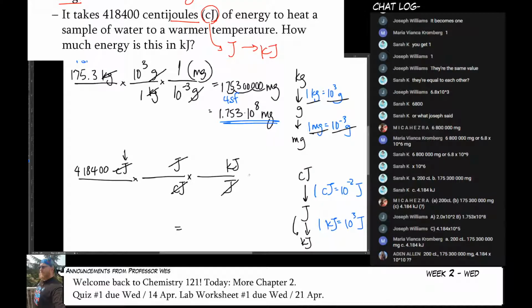All right, when we hit enter, we will get an answer that is in kilojoules because that is what is left over. And then we just run the numbers here. So 10 to the minus 2 joules, 1 centijoule, 1 kilojoule, 10 to the 3 joules. You should get 4.184 kilojoules.